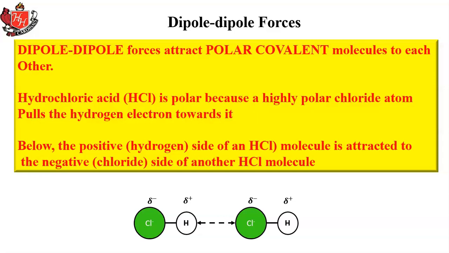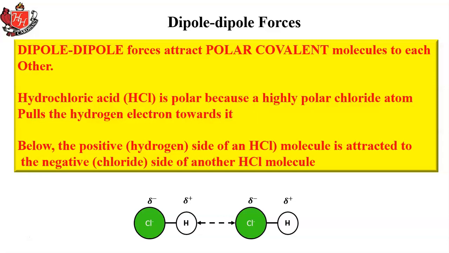That's the delta minus for the chlorine and the delta plus for the hydrogen. So below, the positive hydrogen side of the HCl molecule is attracted to the negative chlorine side of another HCl molecule. In other words, that hydrogen is having its one electron pulled over towards the chlorine on the far left.